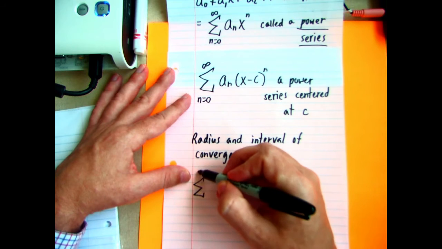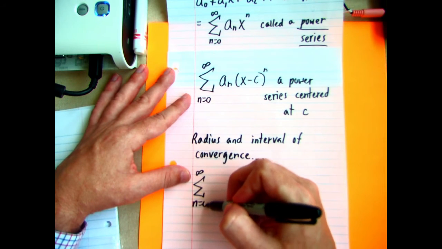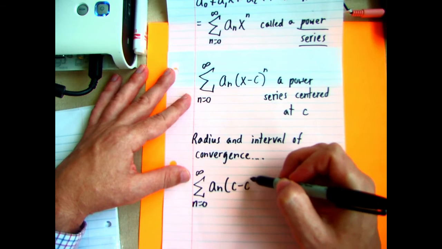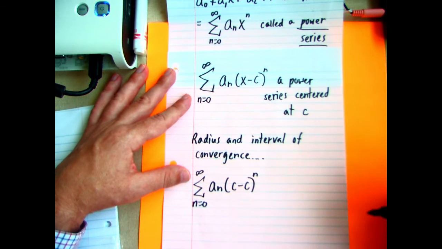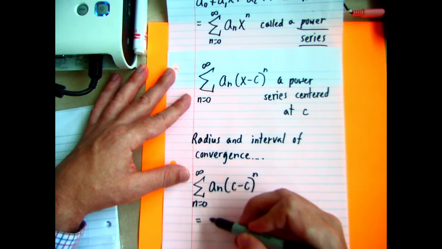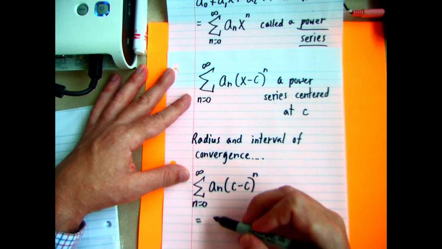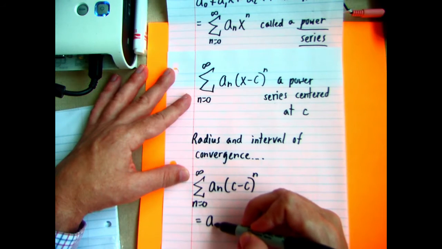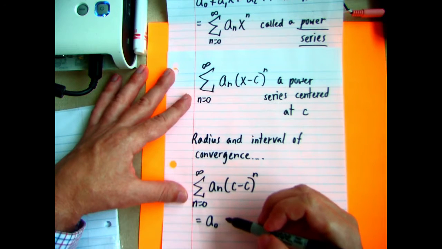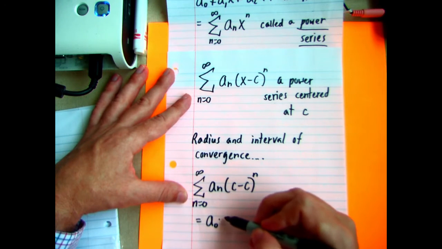So let's try a value. In this example that we just did, that's centered at c, let's plug in our center value c, and let's see what happens. So in for x, I plugged in c, and I'm going to write a few terms here and see what this sum converges to, if it does converge.